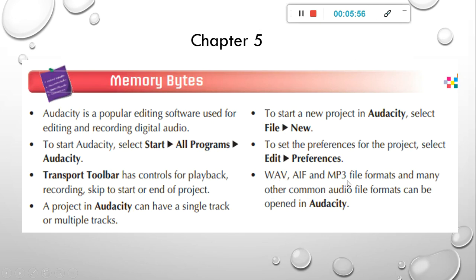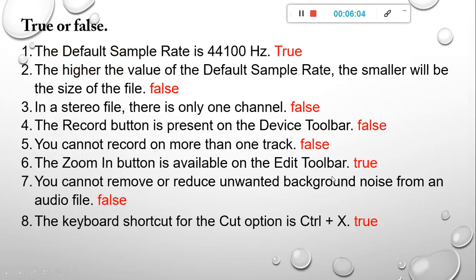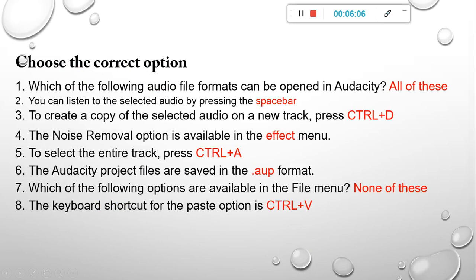These three file formats, WAV, AIF and MP3, I'll give you these three options, and the fourth option is all of these. So the answer is all of these. Understood? Likewise, you have to learn all this. Your answers are available in this video.